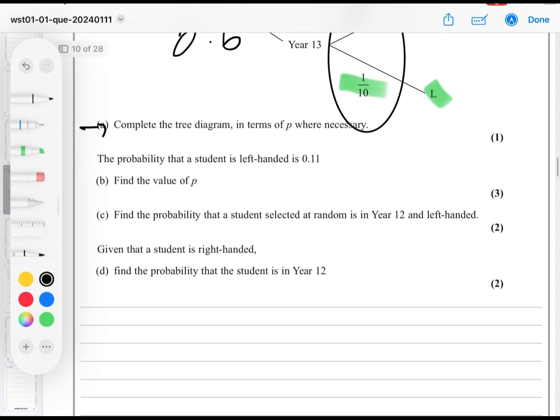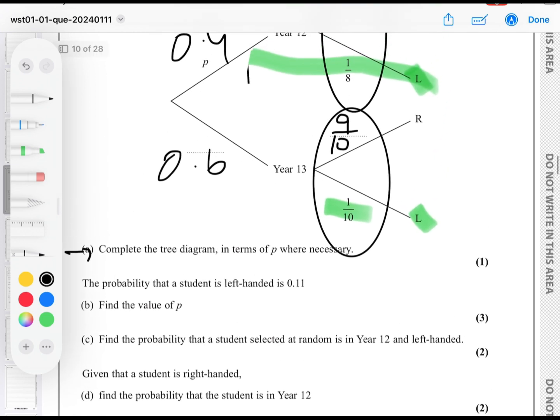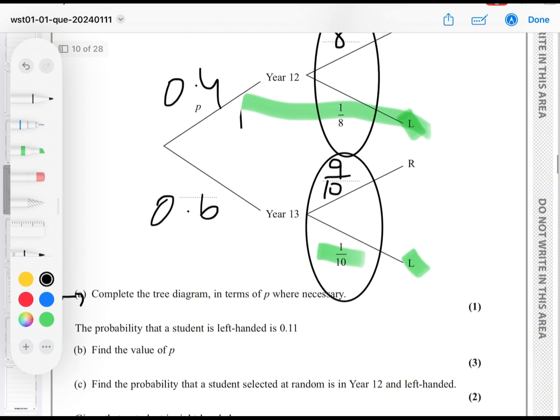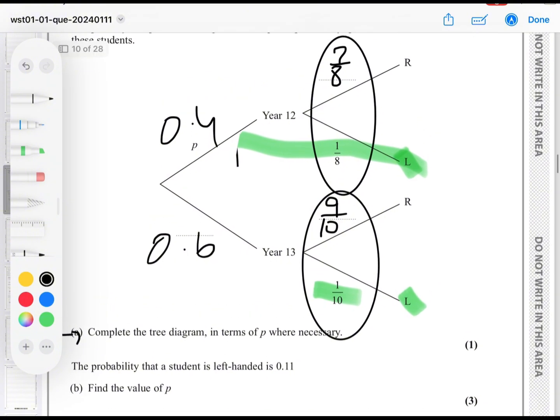Now doing the third part, now find the probability part. In part C they are saying find the probability that the student selected at random is in year 12 and left-handed. Okay, now the student selected is left-handed and is in year 12.